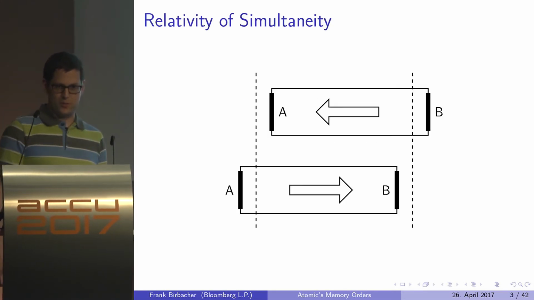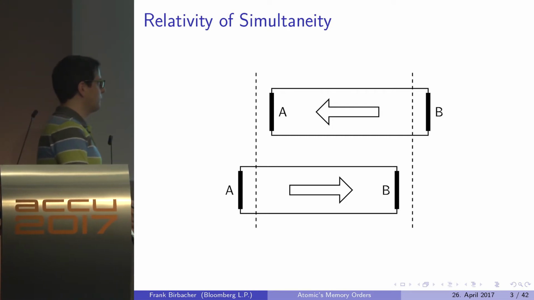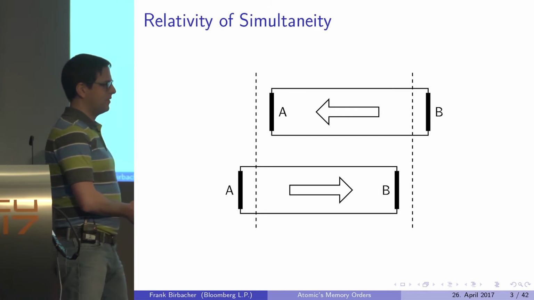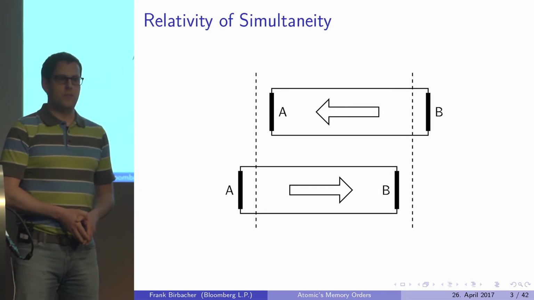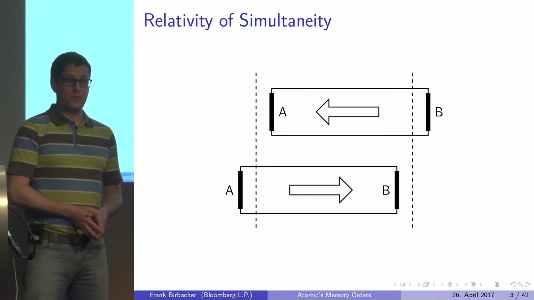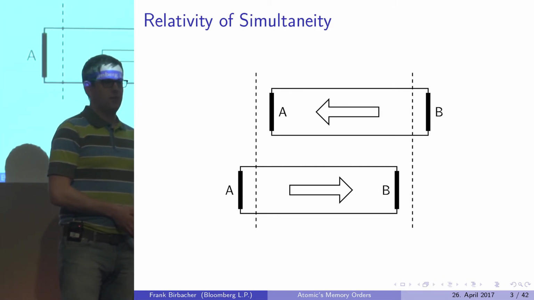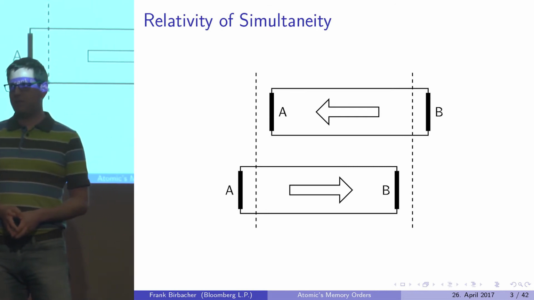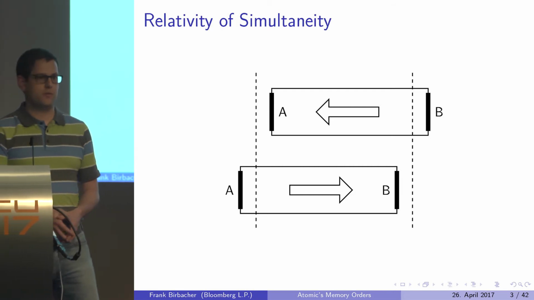Let's dive into physics. So Einstein observed a couple of things and built upon some theory that the length of objects is not really given as an absolute thing, but is relative to the observer.